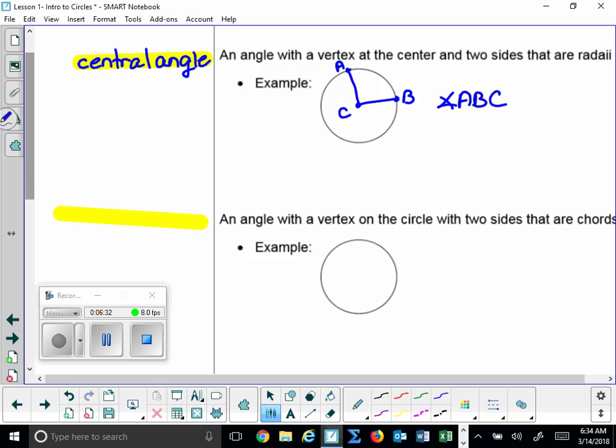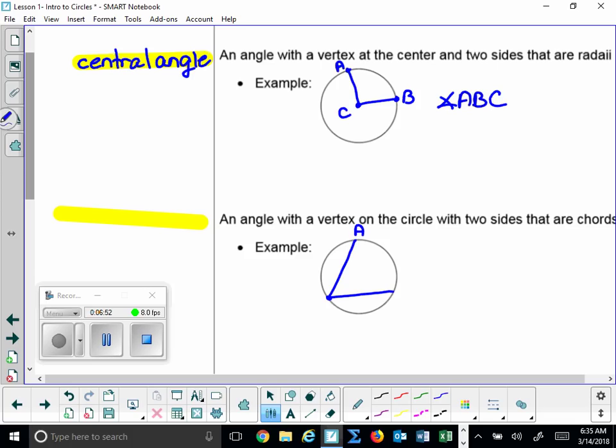If the vertex is at the center, it is a central angle. So at least the definition ties into the vocabulary a little bit. An angle with the vertex on the circle and sides that are chords.